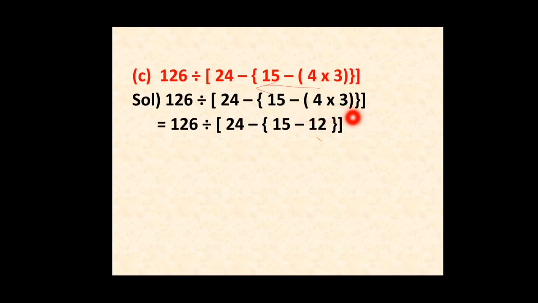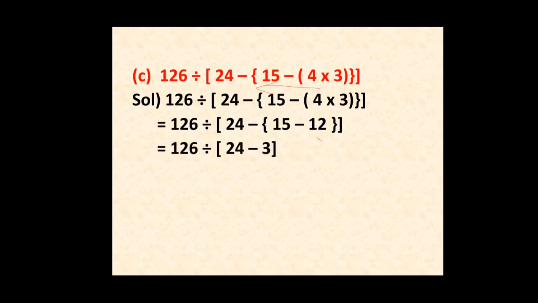We will write the curly braces and finally the square brackets. Now in the next step, we will solve these curly braces. So 15 minus 12 is 3. So in the next step, we will just replace this by 3. Rest of the numbers and operations we will write as such.